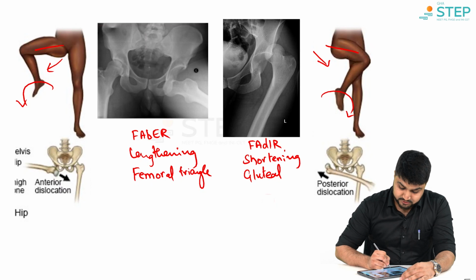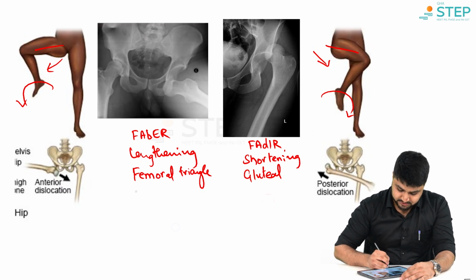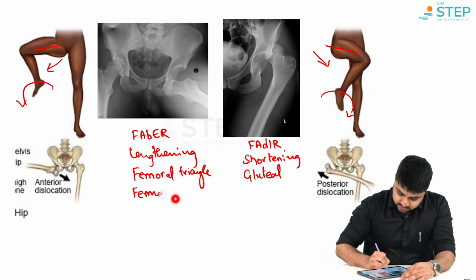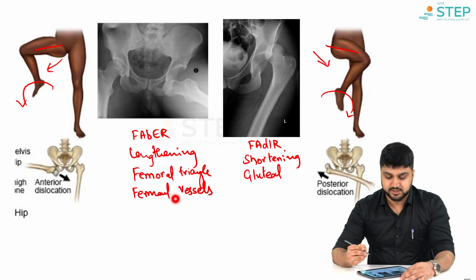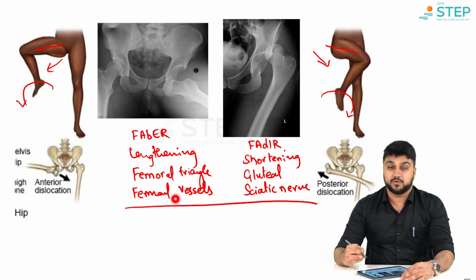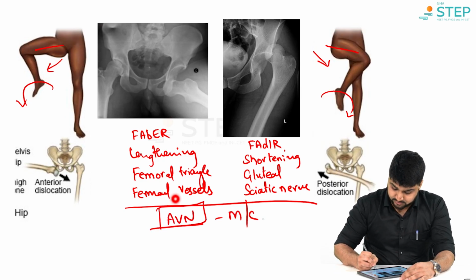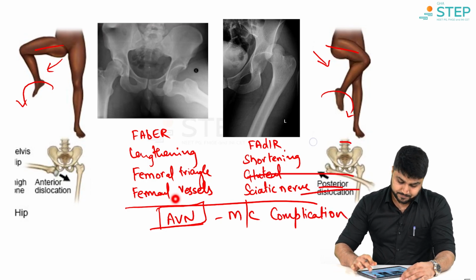And the most commonly injured structure, if you particularly consider only anterior dislocation, will be femoral vessels, whereas in cases of posterior dislocation it will be the sciatic nerve. However, if you consider the overall complication rate, then in any hip dislocation, avascular necrosis is the most common complication. Okay.